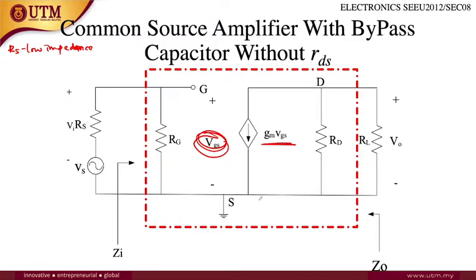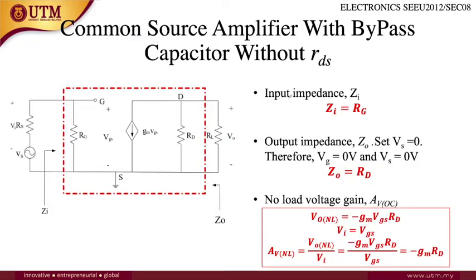Once you have drawn it like this, based on this information, look back at what the question asks. If the question asks you to calculate the input impedance, it has no relation with the other resistances, so Zi is always the same as the value of RG.